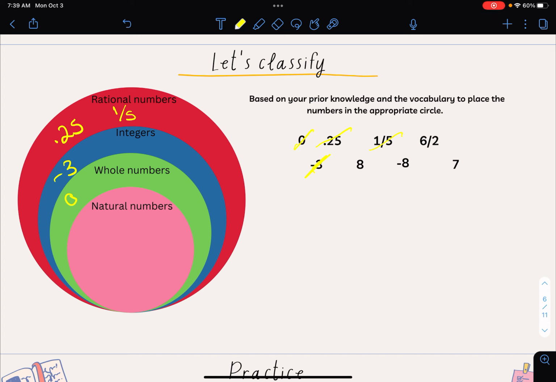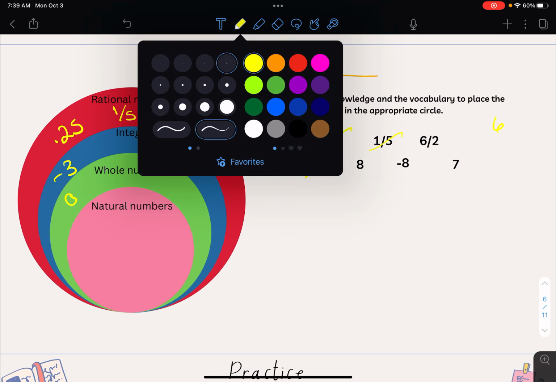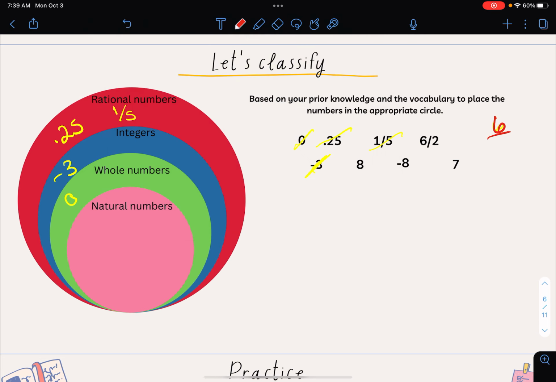If you said rational, I see why you said rational. It's a fraction. But if I have 6/2, can I turn that into a whole number? 6 divided by 2, what do I get when I do 6 divided by 2? 3. That is correct.